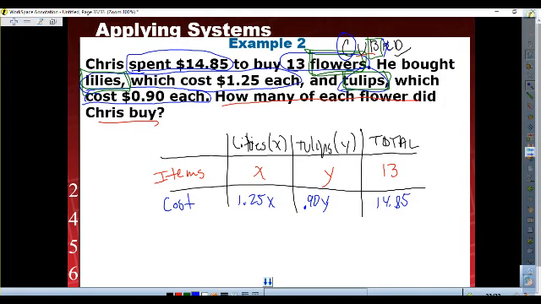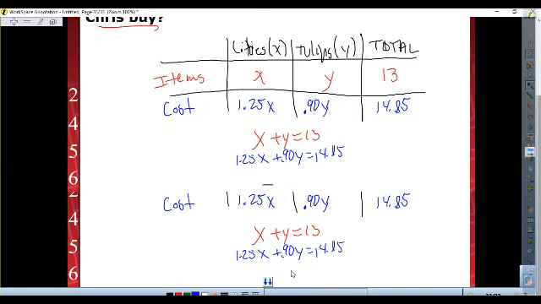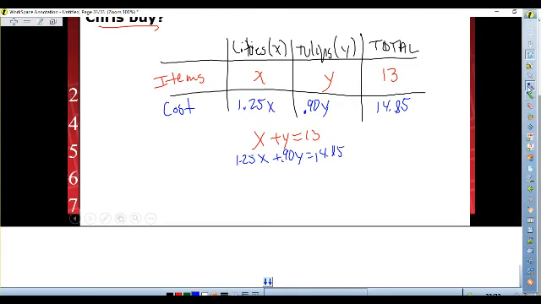Okay, good. So my system should look like x plus y equals 13. And then we got 1.25x plus 0.90y equals 14.85. And from there, I'm going to eliminate. Jocelyn, you want substitution?